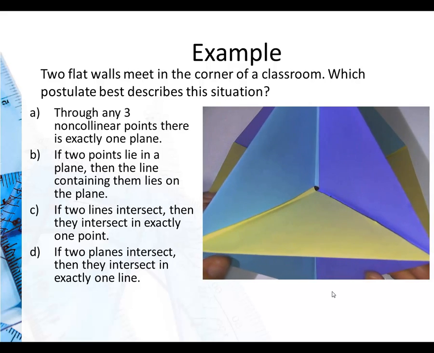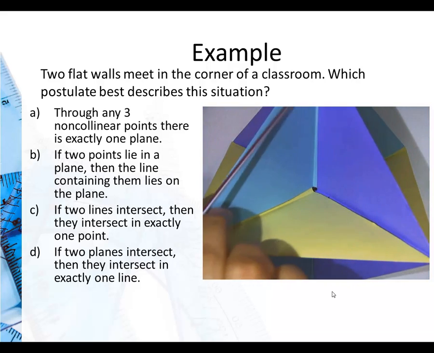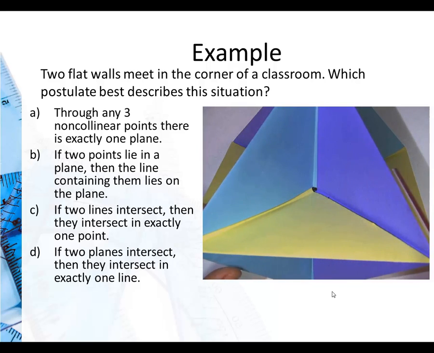Okay, we're looking at the example where 2 flat walls meet in the corner of a classroom. So which postulate best describes this situation? Well, the first choice here is through any 3 non-collinear points, there's exactly one plane. Well, we're really talking about 2 different planes here. So that one doesn't really strike me as the one that we're talking about. We're talking about 2 planes meeting.